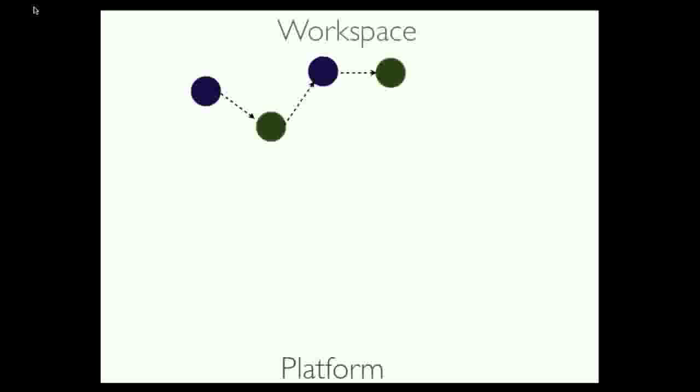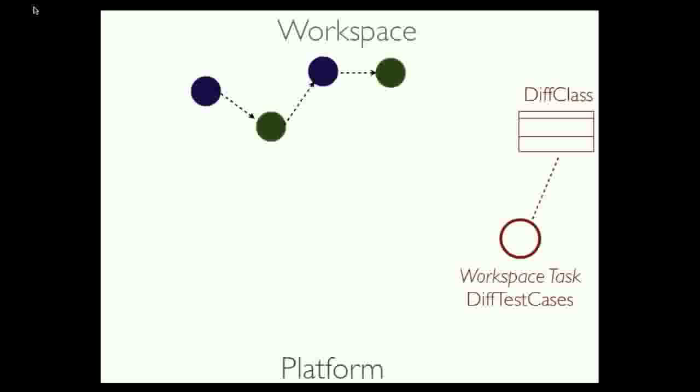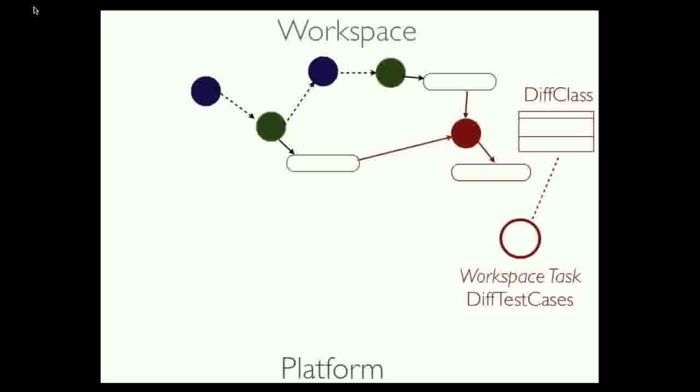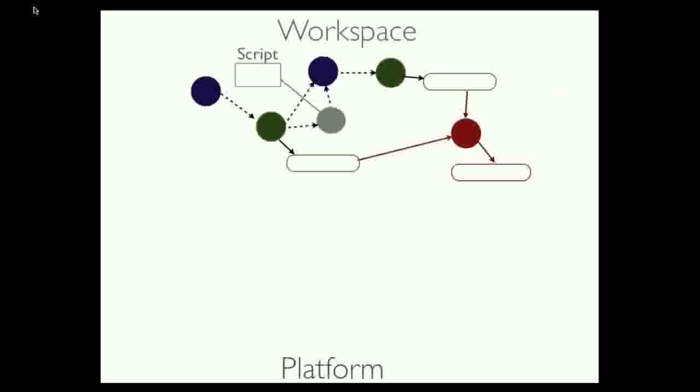To this end, Mesh allows users to define new functionalities as workspace tasks just by implementing classes in the workspace and then combine these new tasks in their workflows. If the functionalities are not hard to implement, users can just write simple scripts, and we call these script tasks, which can be added to the workflow too.